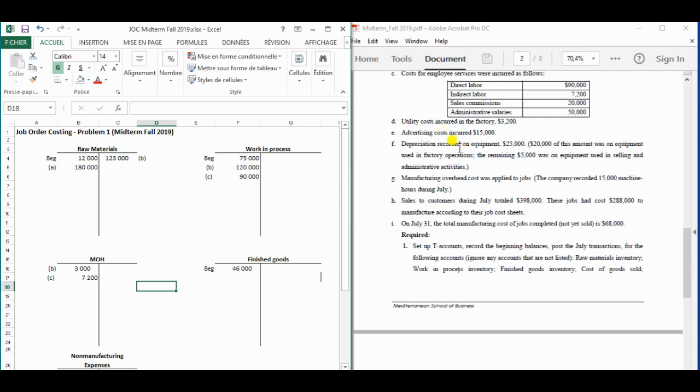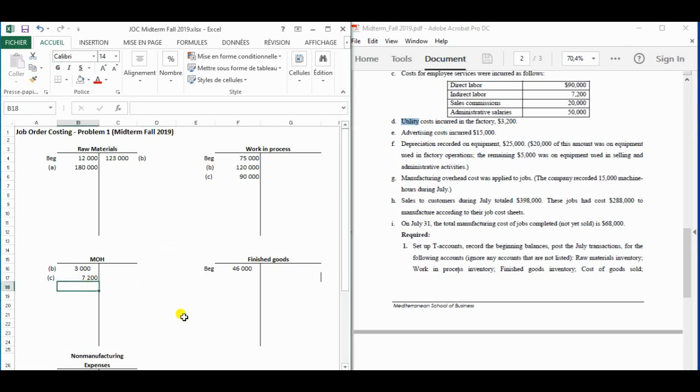Okay, next one, utility costs incurred in the factory are equal to $3,200. Okay, so utility costs incurred in the factory. So as we are in the factory, okay, or it's a factory cost, it will be a manufacturing cost, and utility costs are always indirect costs.